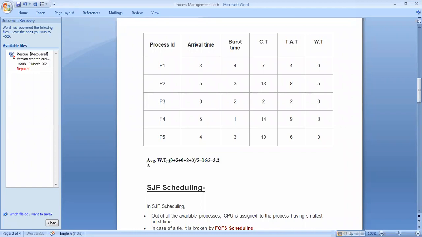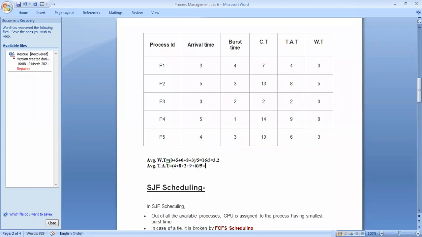Now the average turnaround time. Just simply add 4 plus 8 plus 2 plus 9 plus 6, divided by 5.